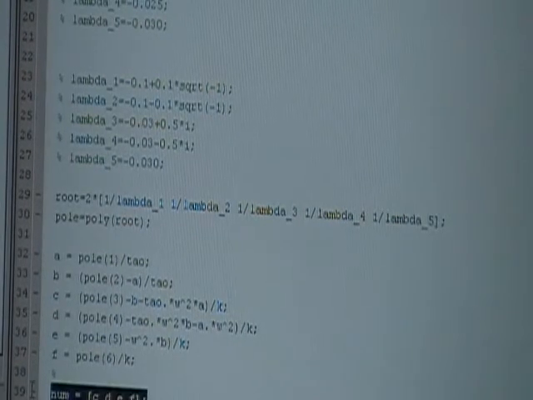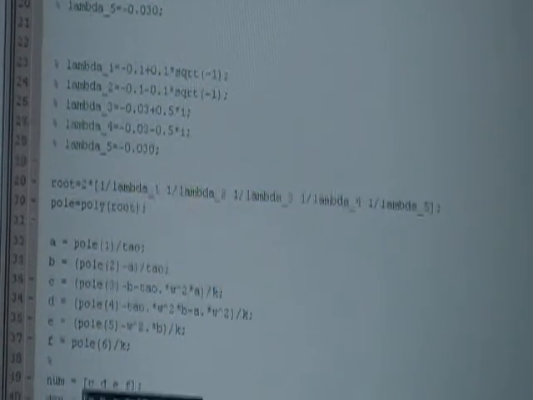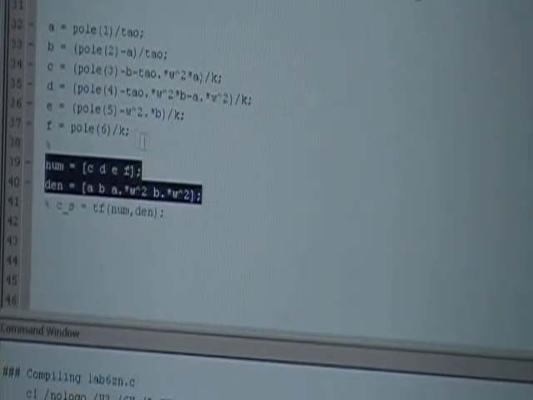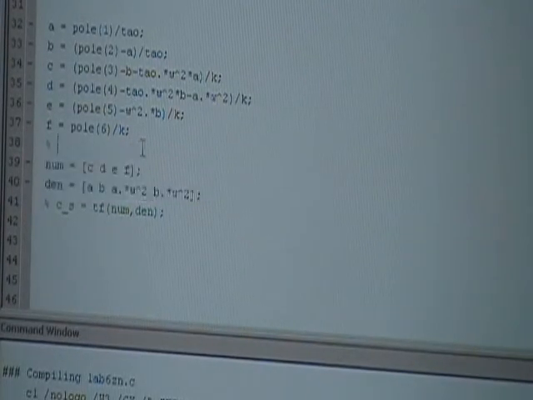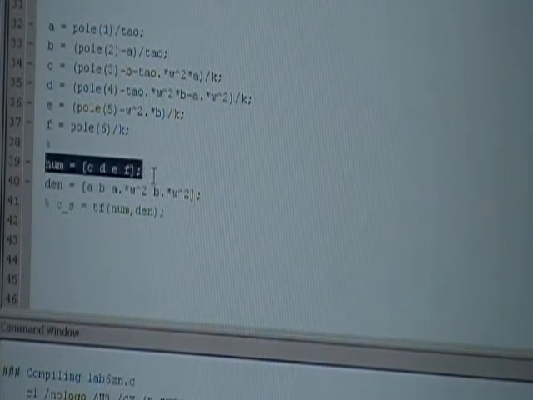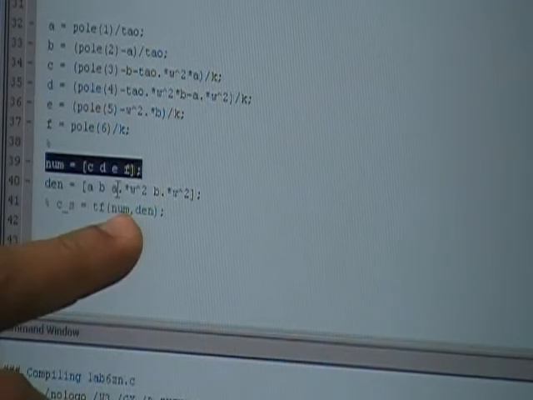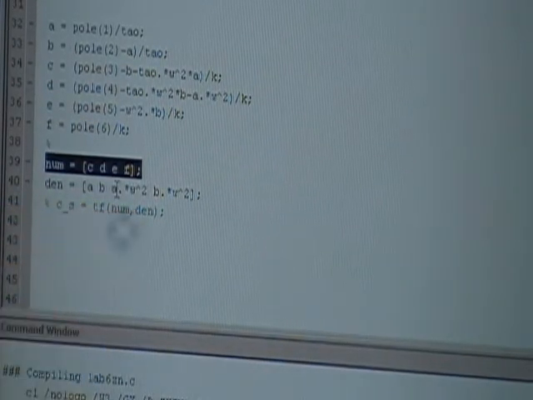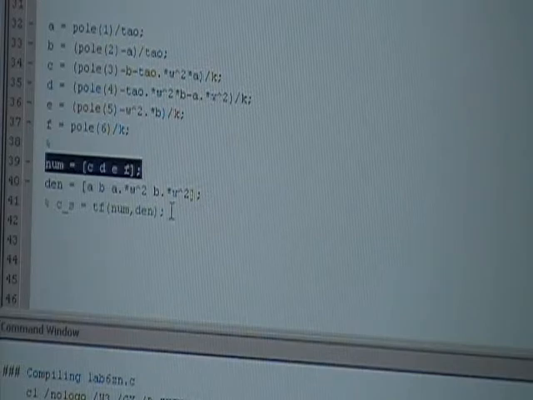So yeah, and after that you just place the values that you have, and it's gonna be like that. So the numerator is gonna be C, D, E, F, and the denominator is gonna be A, B, and the third value is gonna be 8 times omega squared, and the fourth value is gonna be V times omega squared.